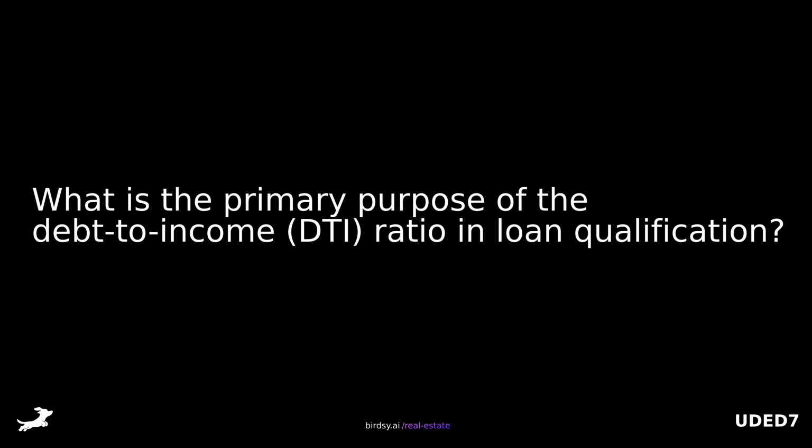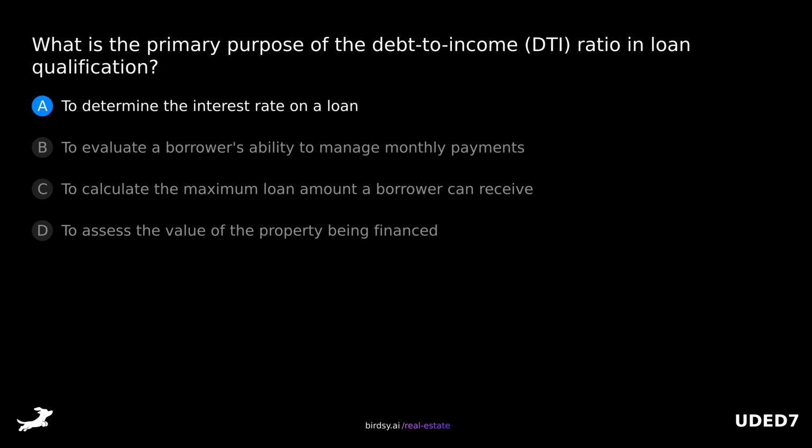What is the primary purpose of the debt-to-income DTI ratio in loan qualification? Is it A, to determine the interest rate on a loan, B, to evaluate a borrower's ability to manage monthly payments, C, to calculate the maximum loan amount a borrower can receive, or D, to assess the value of the property being financed?